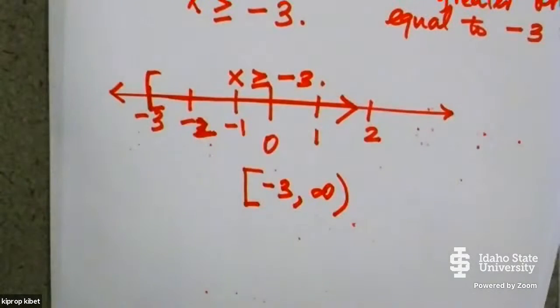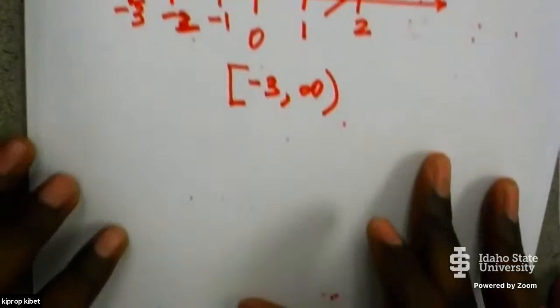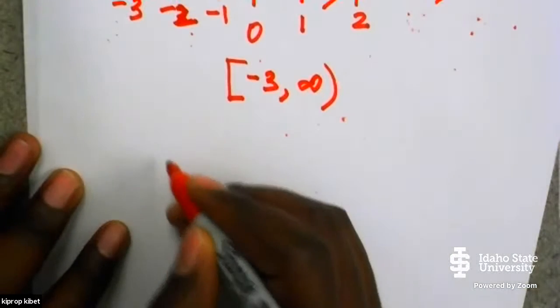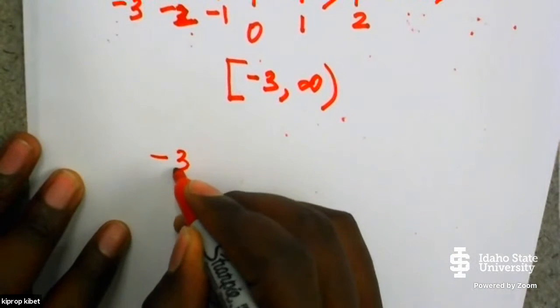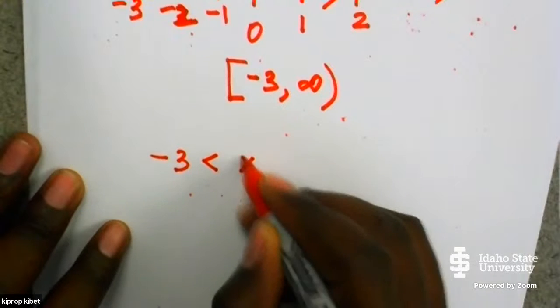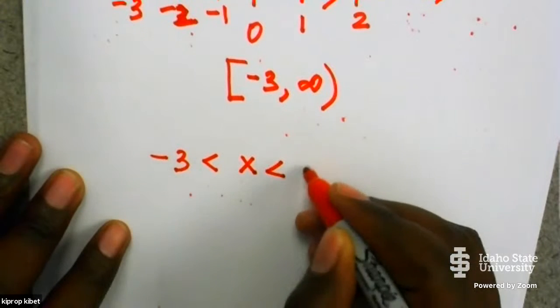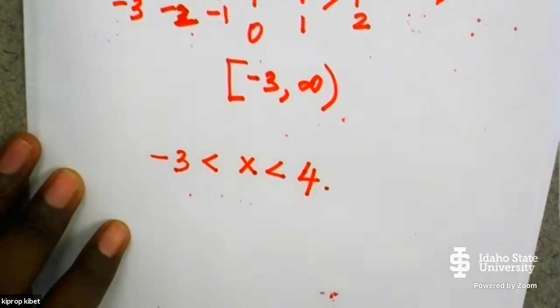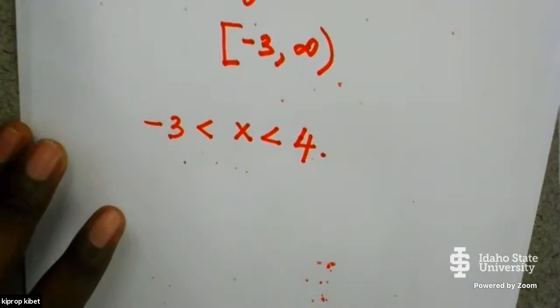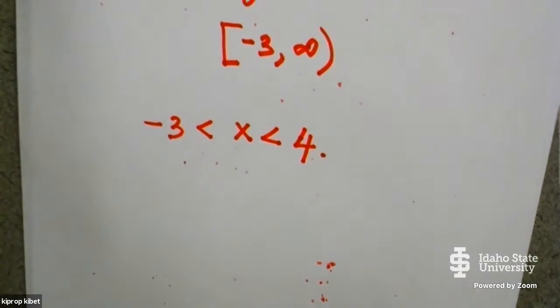Okay. Another example. Minus 3 less than x less than 4.